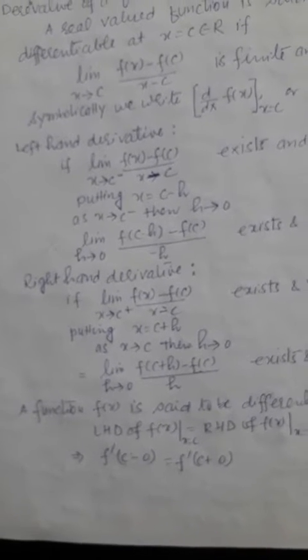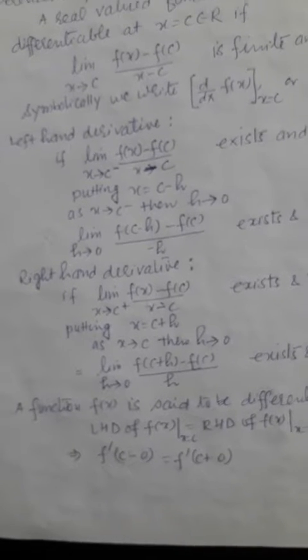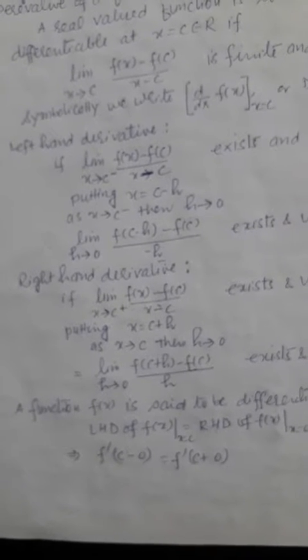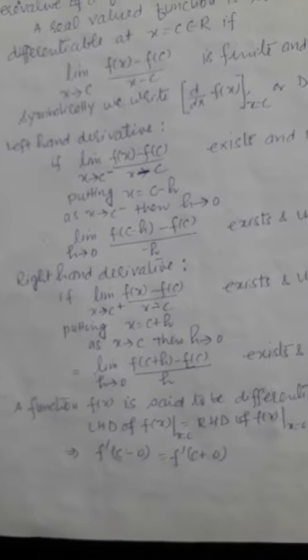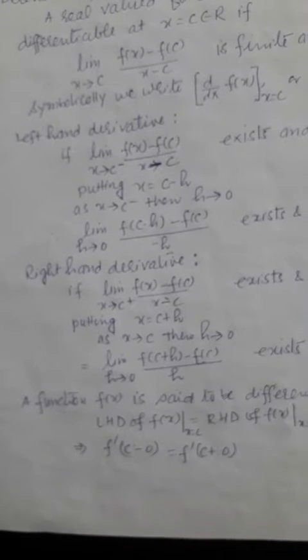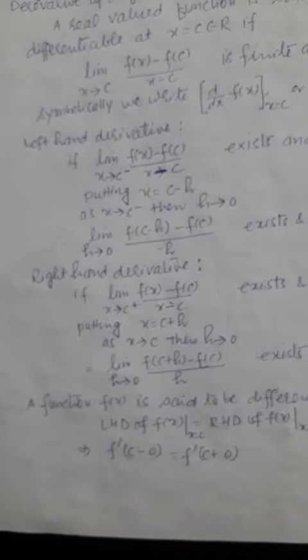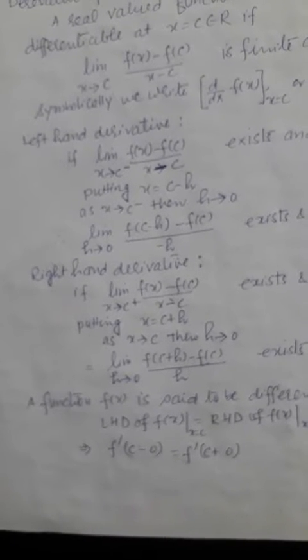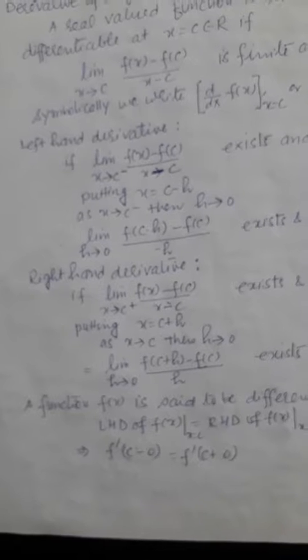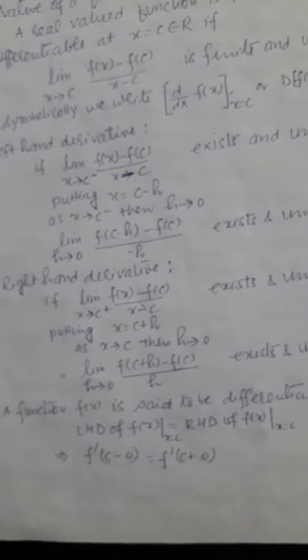Putting x equal to c plus h, as x tends to c, then h tends to 0. Put down these values in the above. So we find that the limit of f of c plus h minus f of c upon h as h tends to 0 exists, finite and unique.